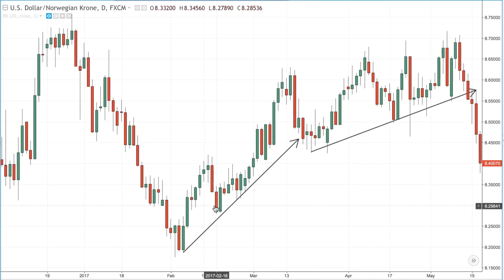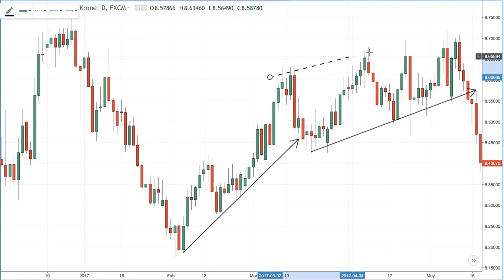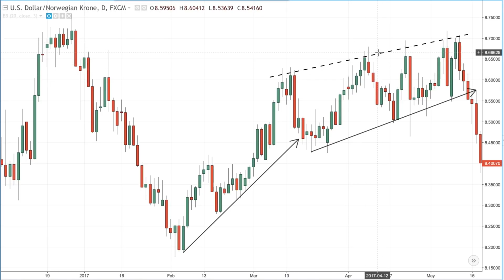Here the bulls and the buyers were able to move price higher without any real opposition from the sellers, whereas here the selling pressure was quite strong already. The pullbacks and the consolidations in this uptrend were much stronger. You can already see that also to the upside, the highs are not really able to move much higher, so the buyers are not really able to push price much higher on every new buying attempt, on every new trend line.